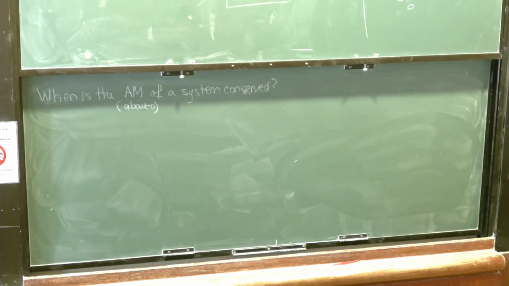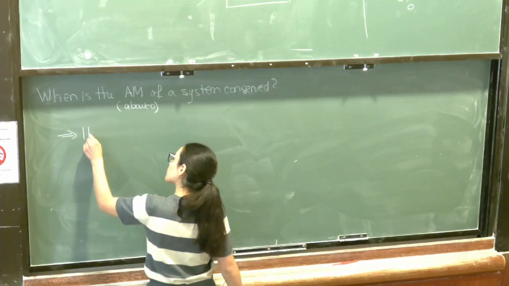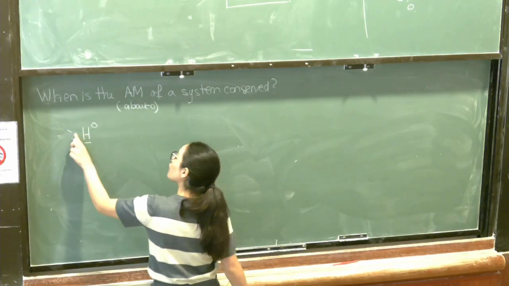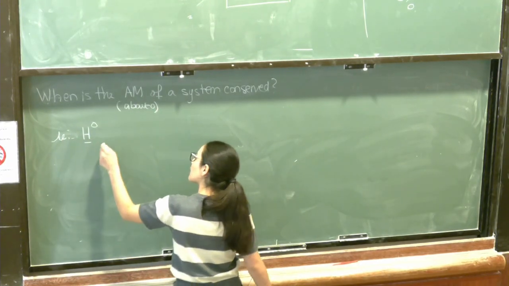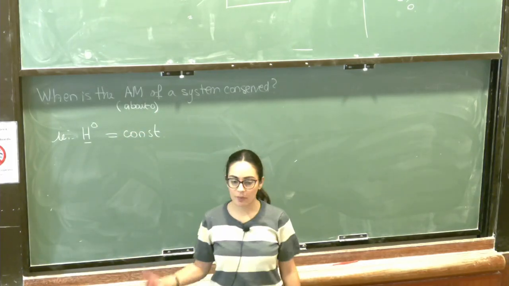Okay, so what do we think? When is HO conserved? When HO is conserved, it means that HO is constant. This is what it means for the angular momentum about O to be conserved.